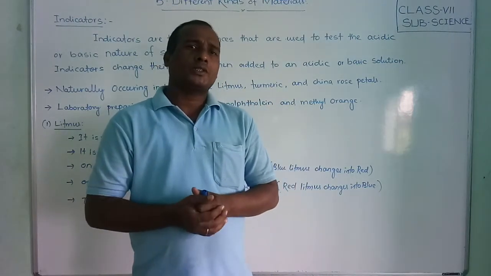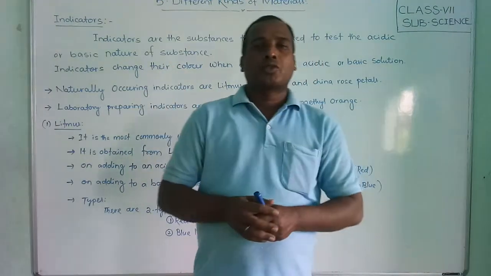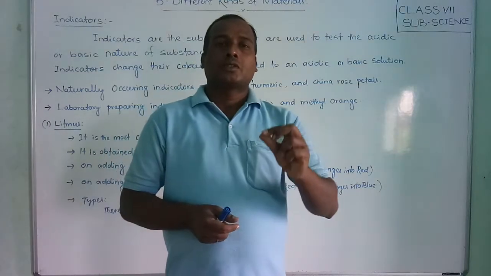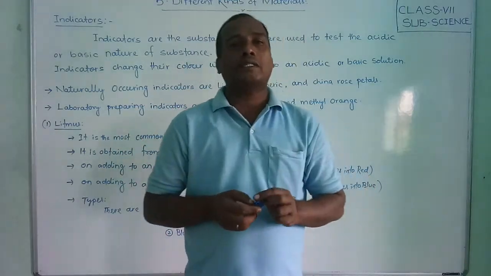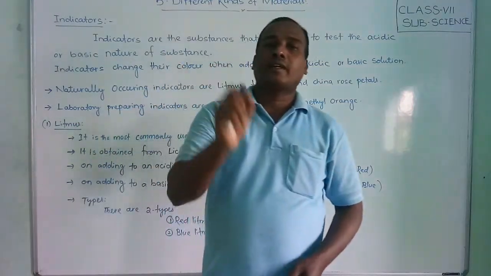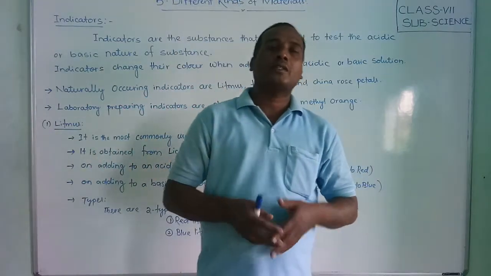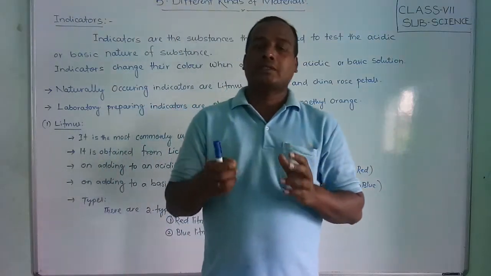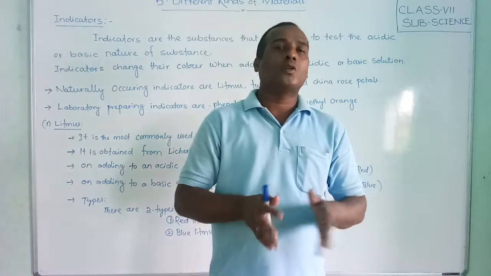Okay, but students, in your home also you have seen that on the electric board there is one red light, which is also called an indicator. A tester also has an indicator. In a TV, the red light, the red LED bulb, is also called an indicator. What does it tell us? It tells us whether power is present or not in that system, in the board, or in the home.